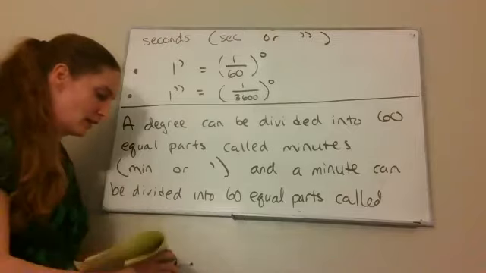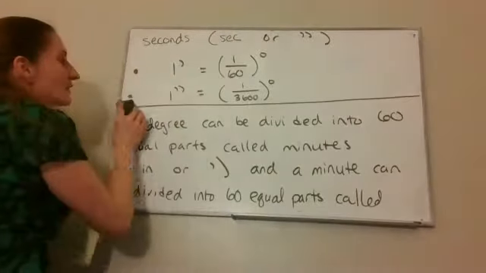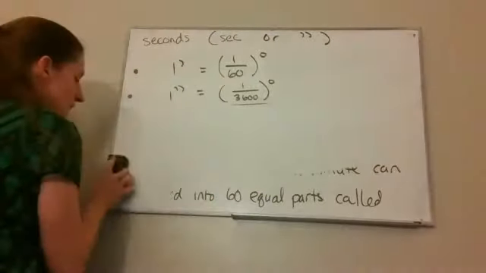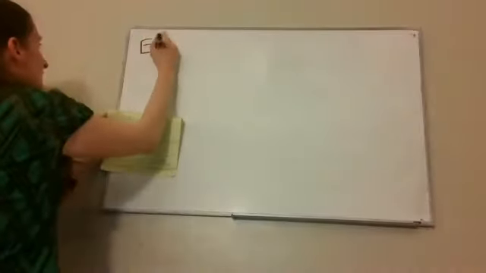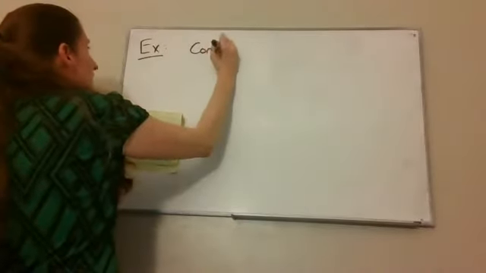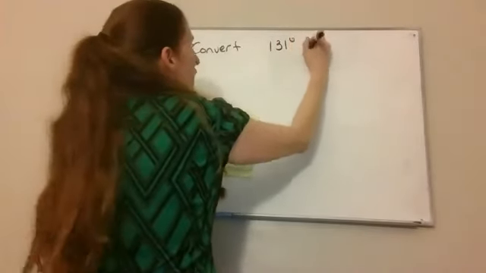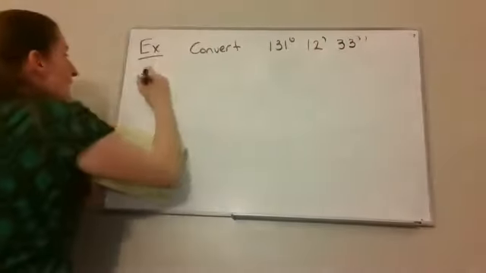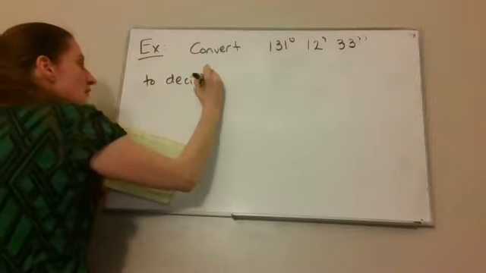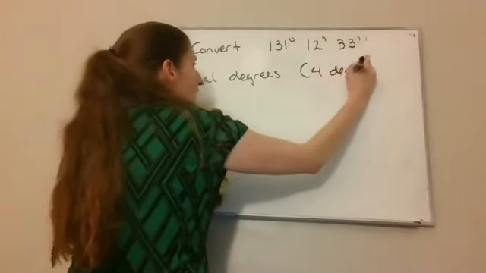So let's do a quick couple examples converting between decimal degrees and minutes and seconds. Let's convert 131 degrees, 12 minutes, and 33 seconds to decimal degrees, to 4 decimal places.